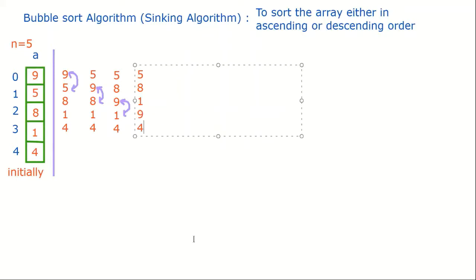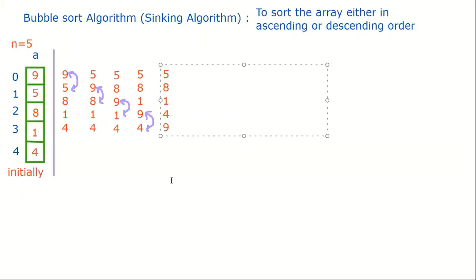Next iteration, 9 is compared with 4. It's evident that 9 is the largest element, so it has to be swapped, giving the sequence 5, 8, 1, 4 and 9.